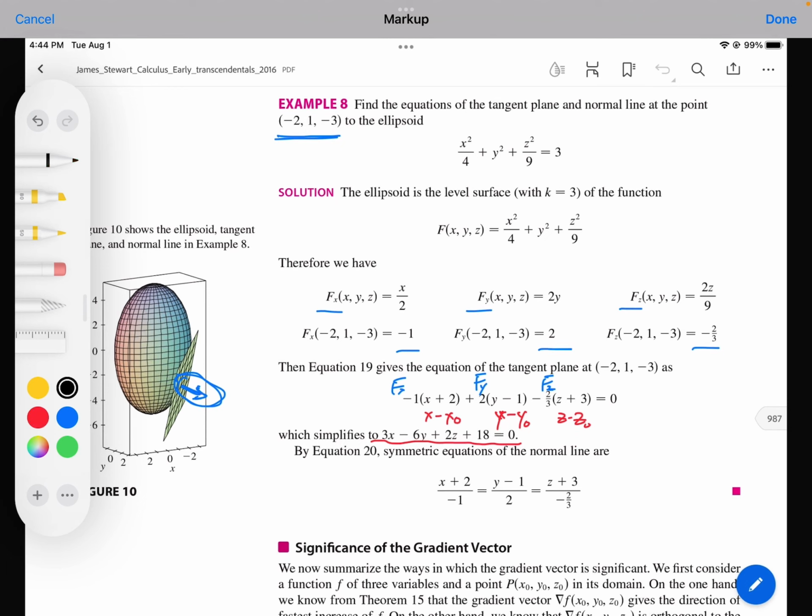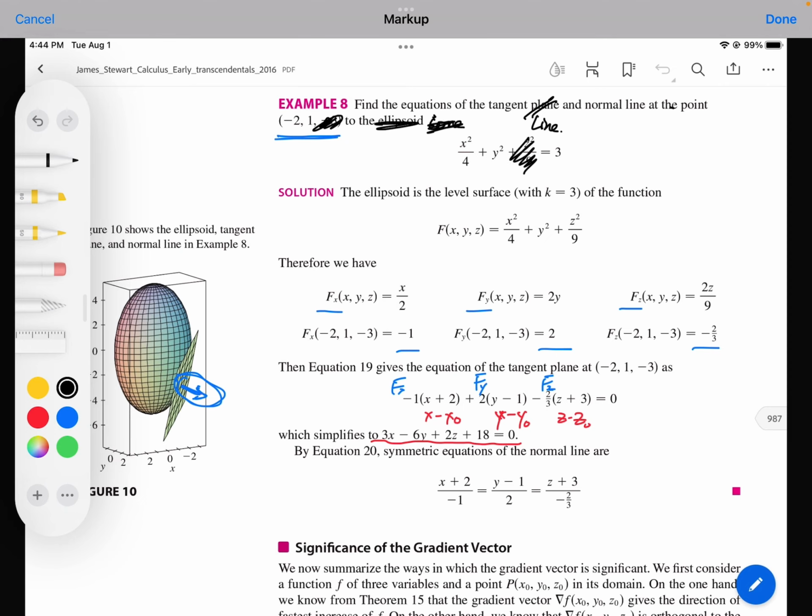Let's say this example was find the equation of the tangent line and the normal line at the point 2, 1, and let's say this would be like some kind of a cone of this, right?